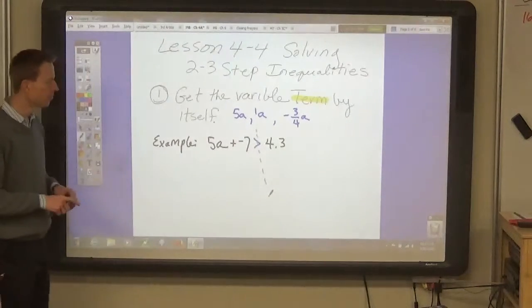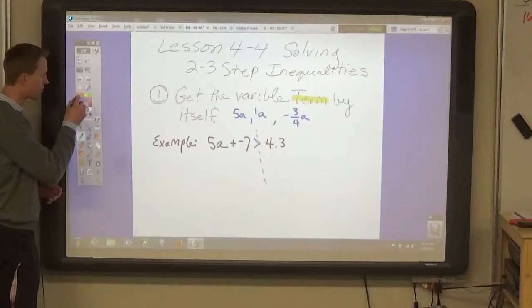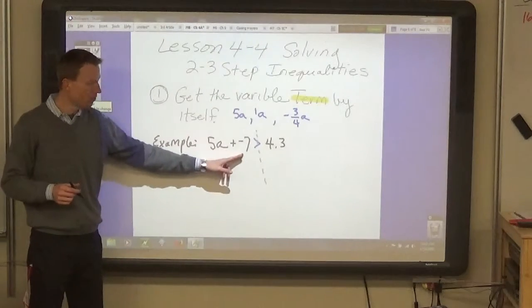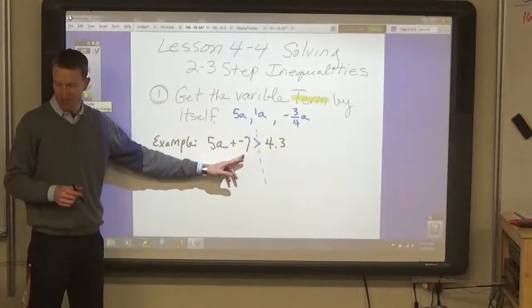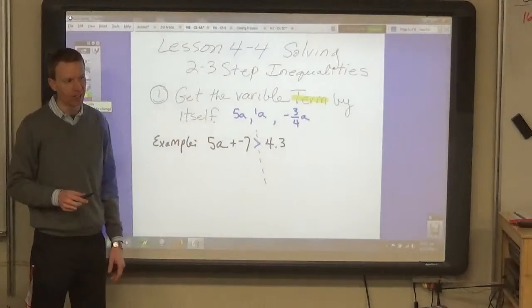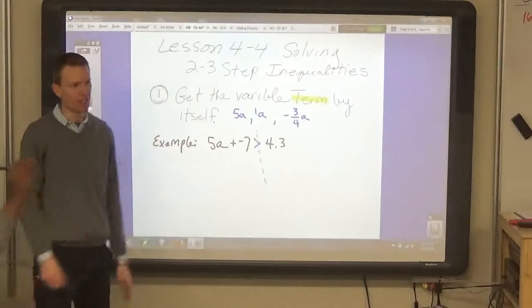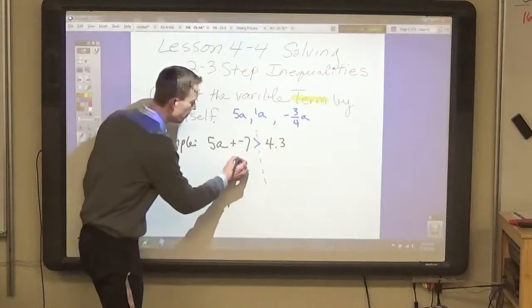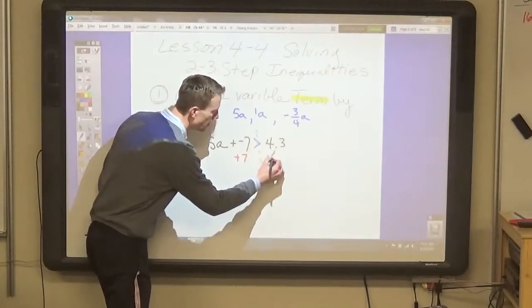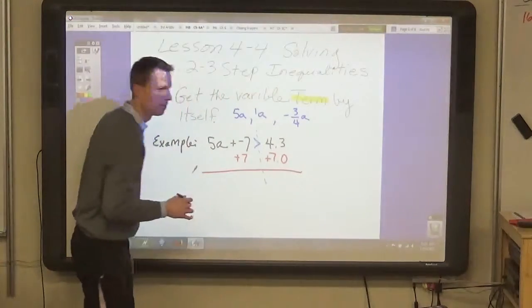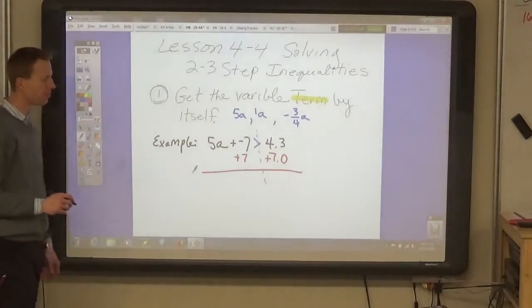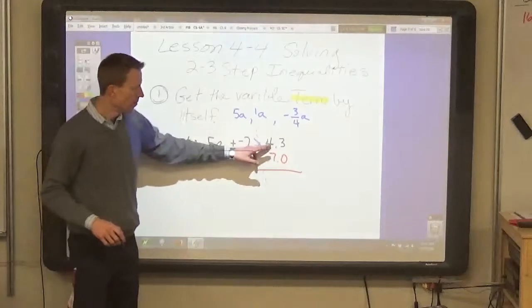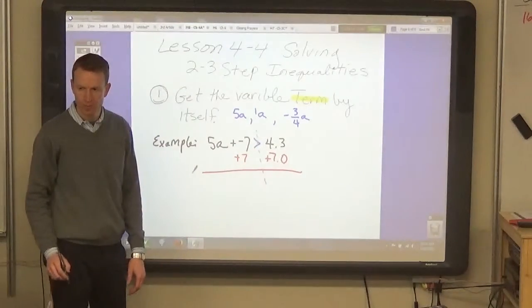So, let's look at this one. In this example, the first step, in order to get the 5a by itself, is to get rid of the negative 7. How do you get rid of negative 7? Good. Add 7 to both sides. That gives 11.